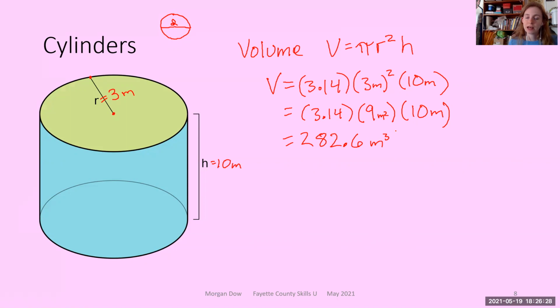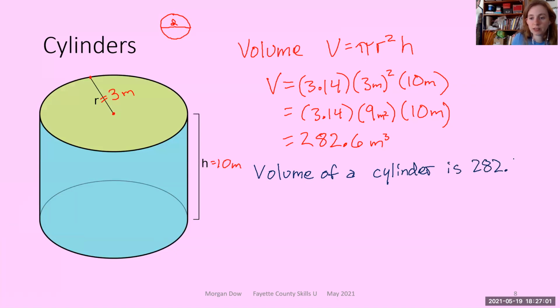Okay. Now let's actually get some practice with a type of problem where we have to solve for the missing measurement. So let's actually take the same cylinder. So let's say the volume of a cylinder is 282.6 cubic meters.